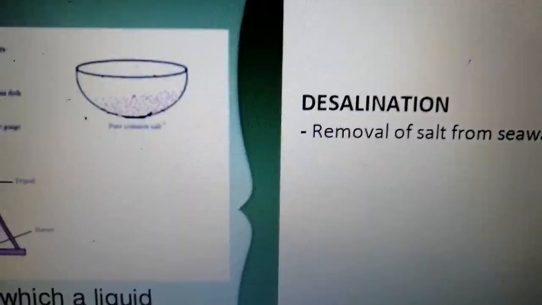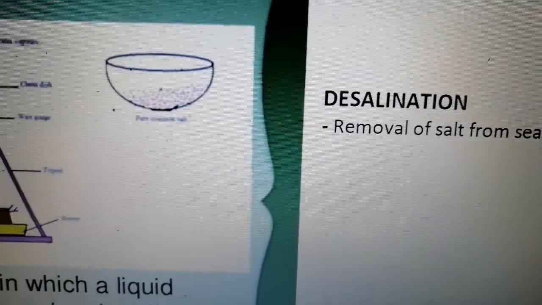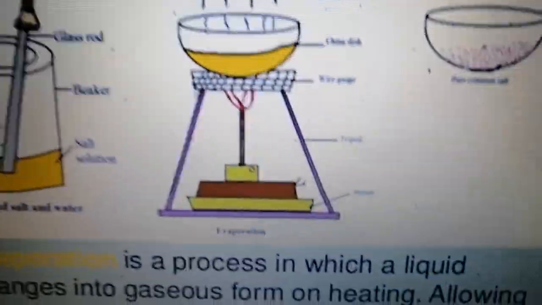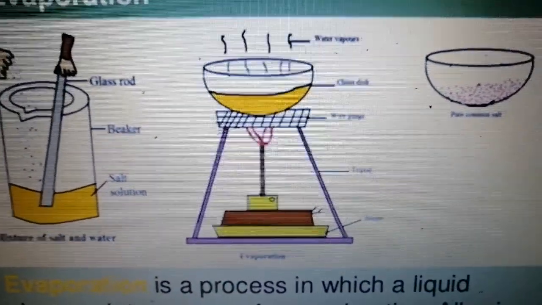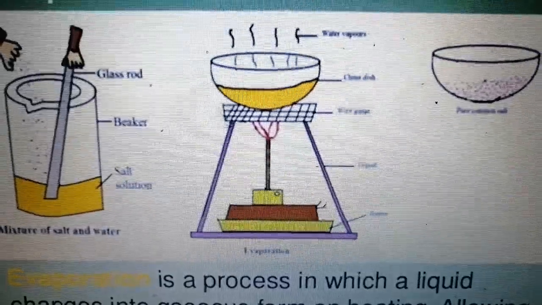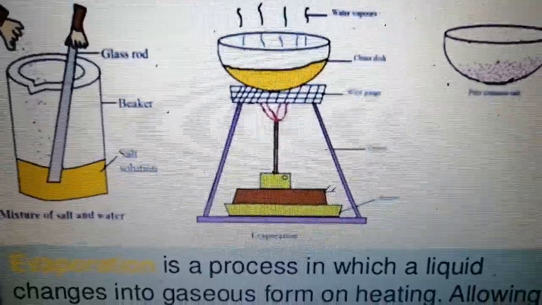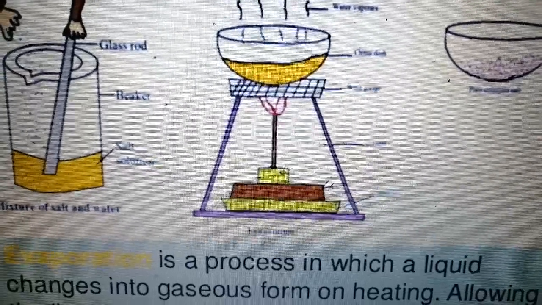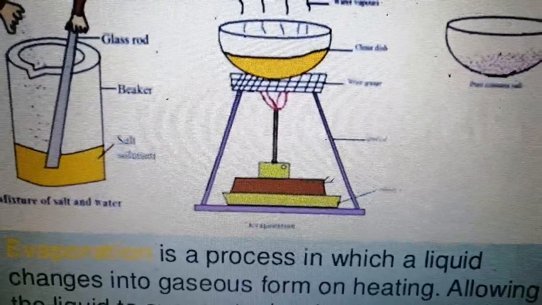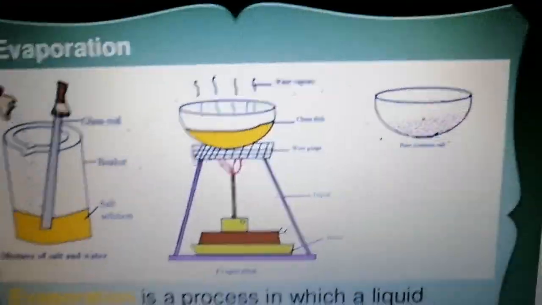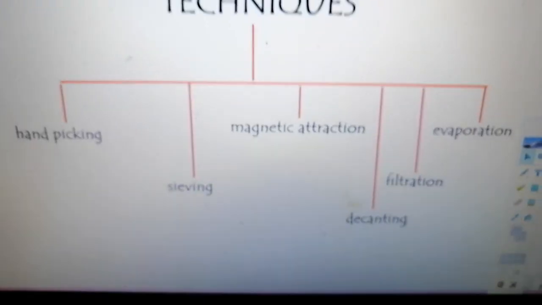Make sure you copy this picture. I zoom in; no need to label. Just copy from here: mixture of salt and water, then the evaporation process, and then the separation of the salt.